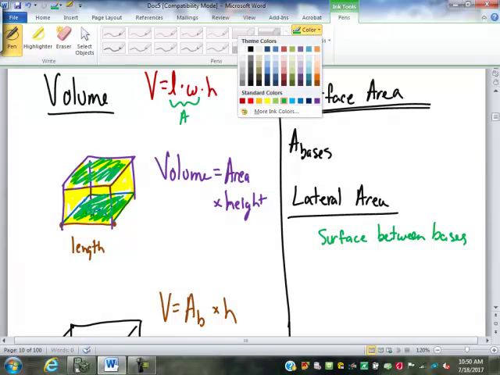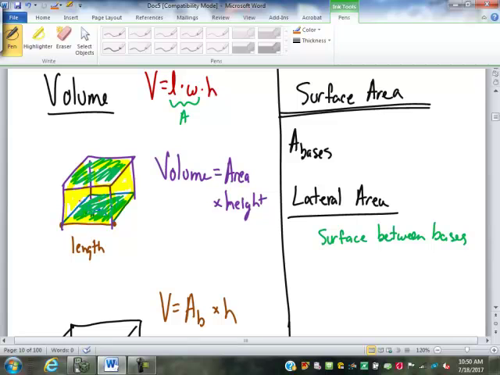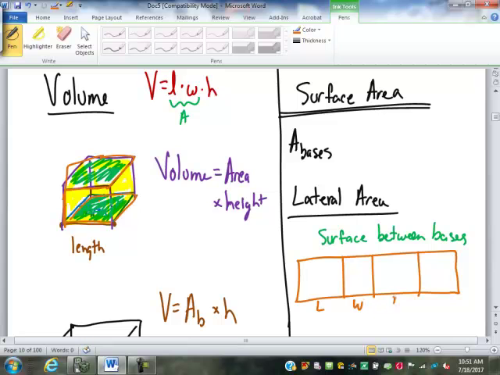Lateral area, if I look at this box here, I could slice the corner here and I could unfold all those sides at once. Instead of finding separate rectangles, what I would get if I did that would look like this. This here's the length, that's the width, that's the length, that's the width, right?